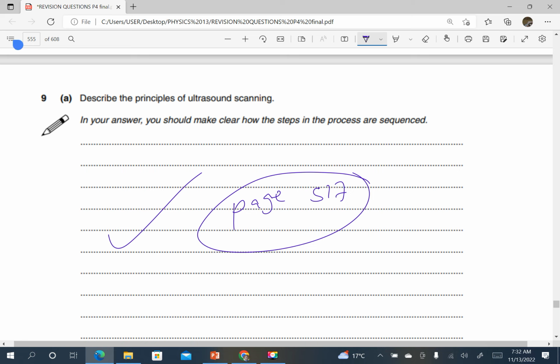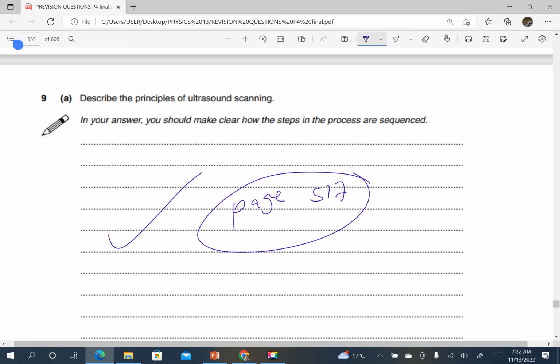You look at the piezoelectric transducer, where an alternating field is applied across the quartz crystal so that the crystal vibrates to produce ultrasound. A transducer, remember, is placed on the skin, which has been smeared with a gel to exclude air. Short pulses are sent into the body, where they are partially reflected and partially transmitted.